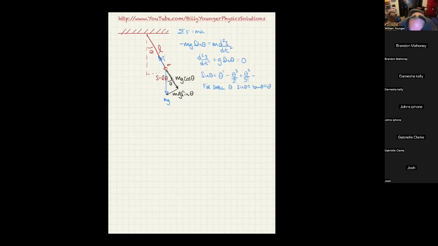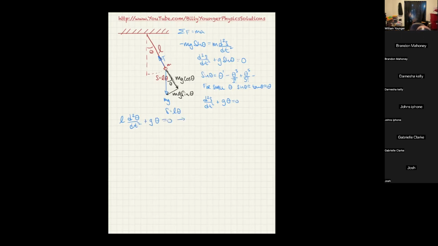So if I say d2s over dt squared plus g times theta is equal to 0, I'm almost there, but that theta is not that helpful for me. What I'm going to do is realize that s is equal to L times theta, so that this becomes L times d2 theta over dt squared plus g times theta is equal to 0.